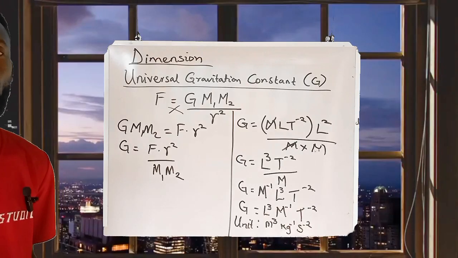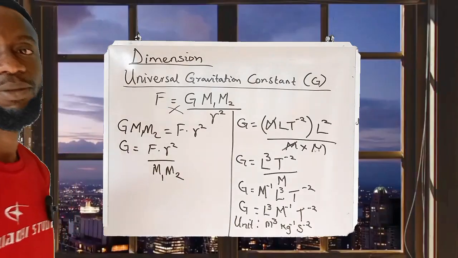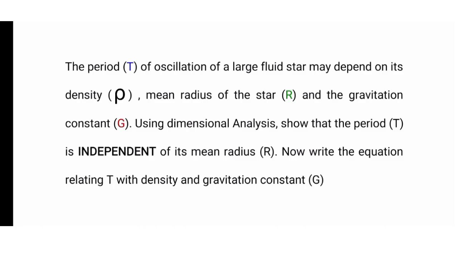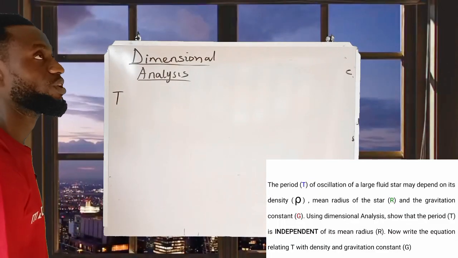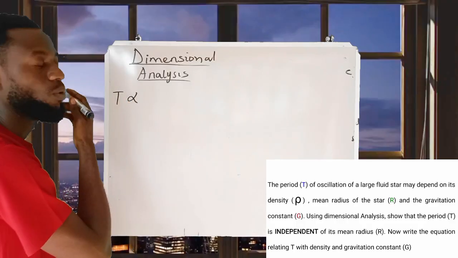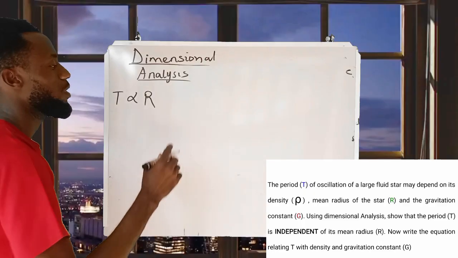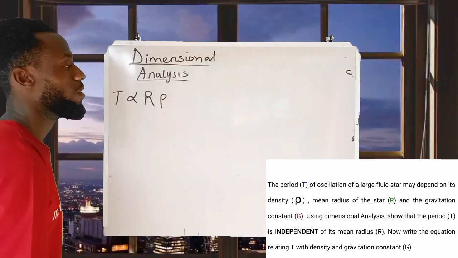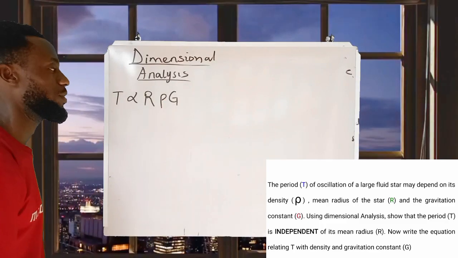So now let's talk about a question on dimensional analysis which requires the use of this formula. The question says that the period of oscillation of a star may vary with these different parameters, first being the radius of the star, then the density of the star, and lastly the value of gravitation constant.